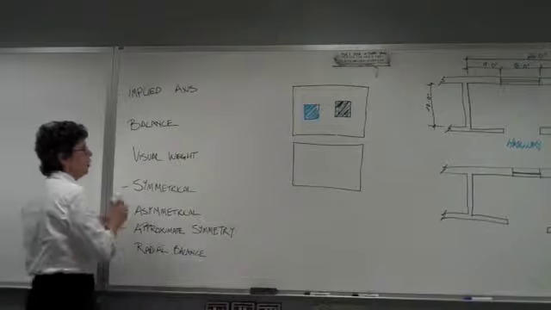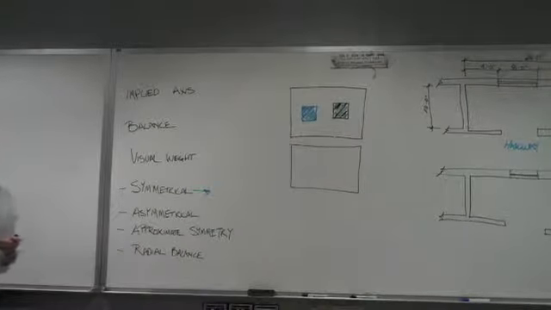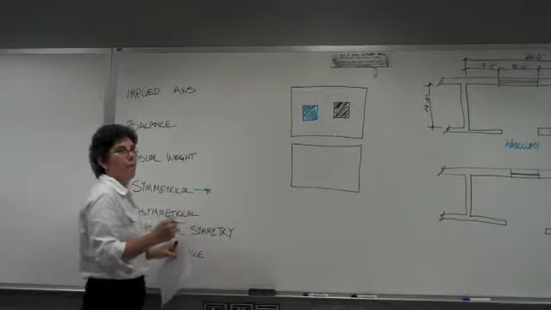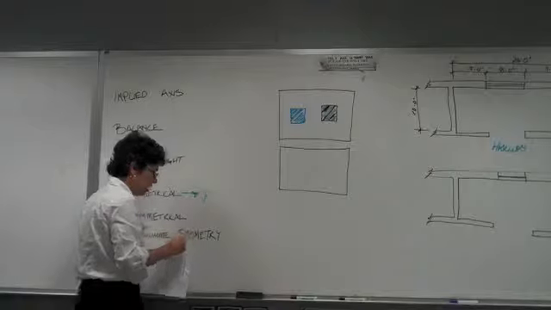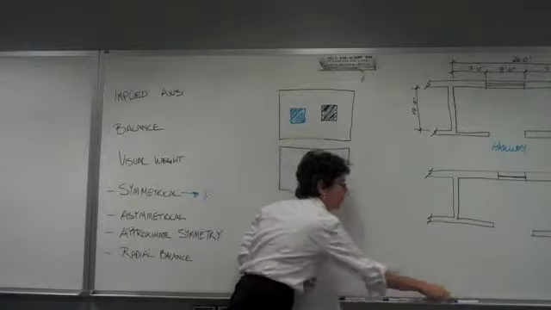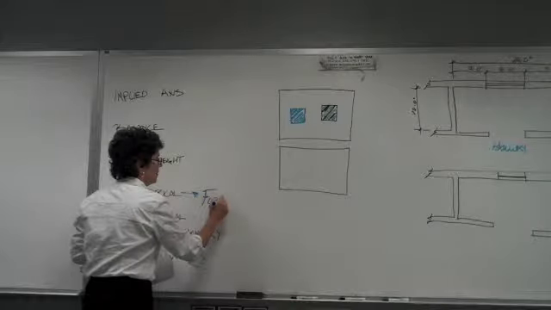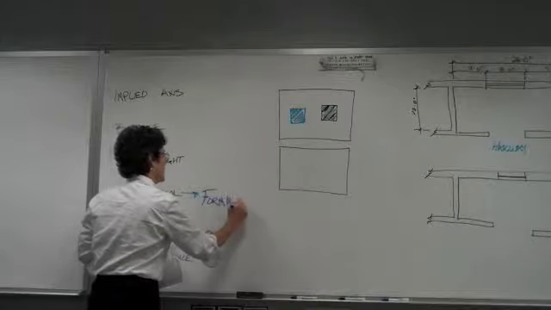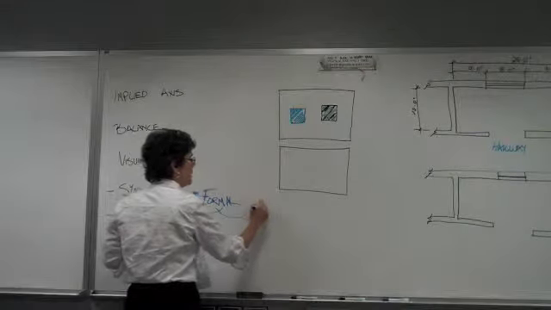Now, what's another word that the book uses for symmetrical? Formal. And identical. Formal is what I was looking for, but I also appreciate the word identical. So it's formal. Symmetrical is formal. It's also going to be identical.